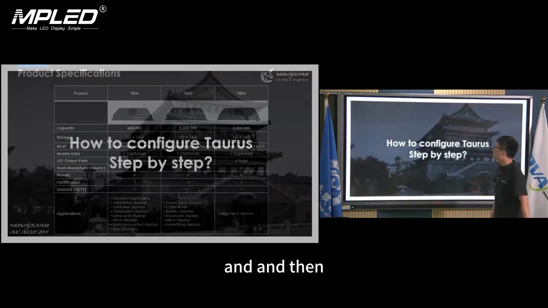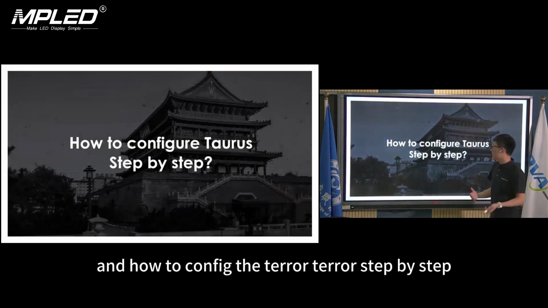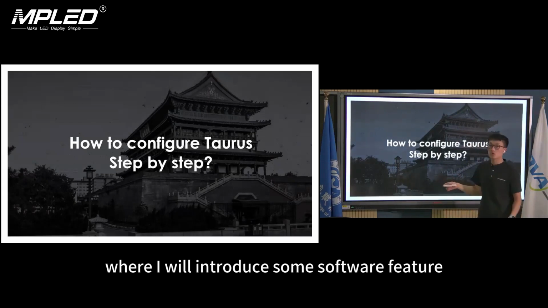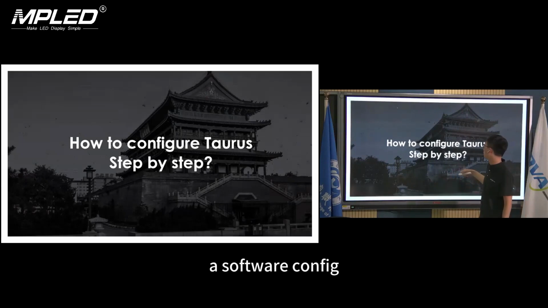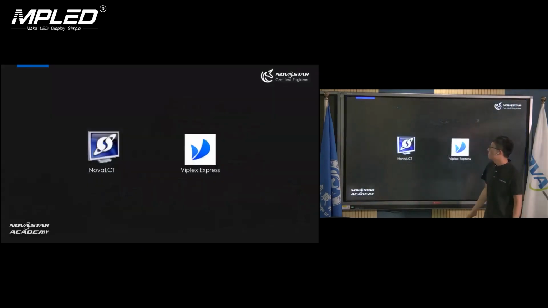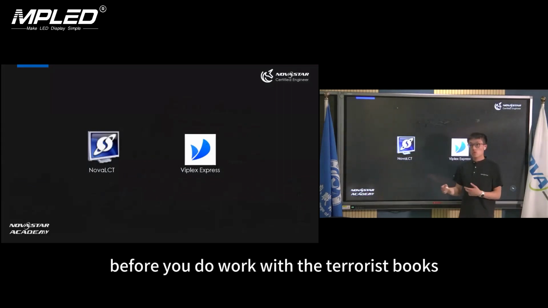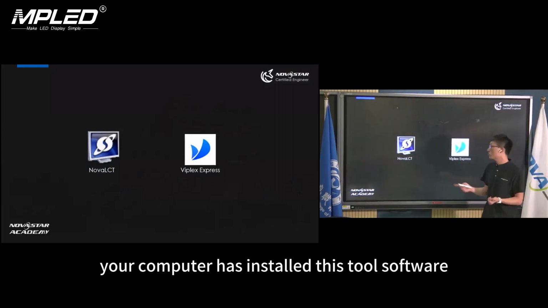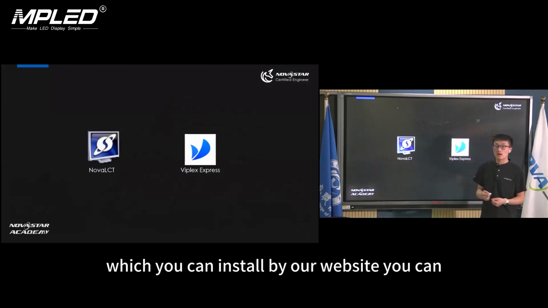And then, how to configure the Taurus step by step. Okay, after we have learned some hardware features, I will introduce some software features. Software config. Before you work with the Taurus box, you need to make sure that your computer has installed these 2 software, which you can download from our website.